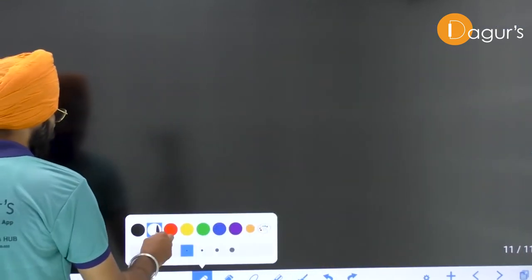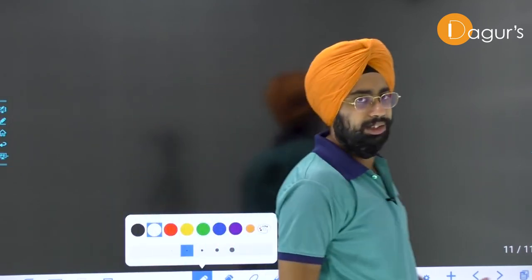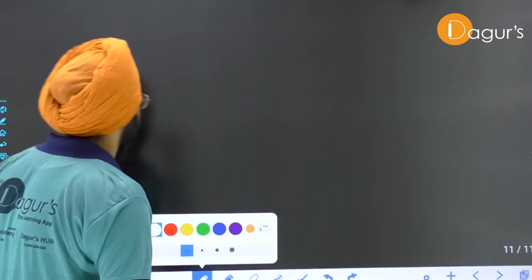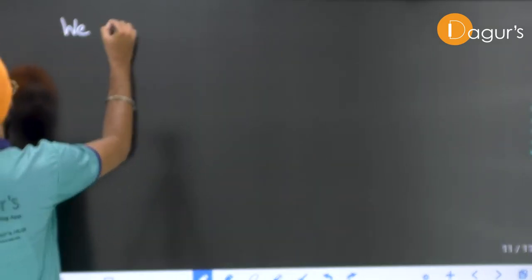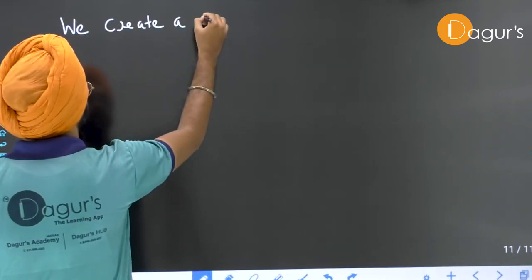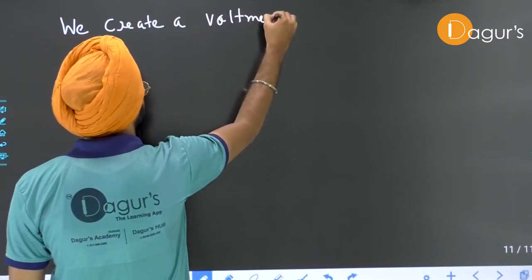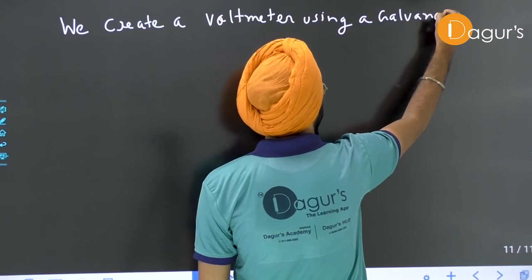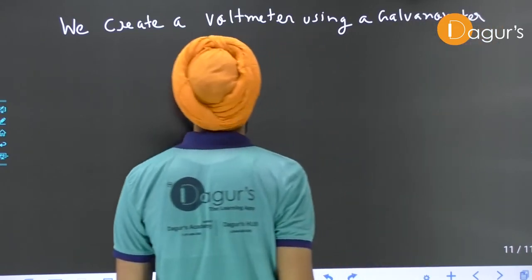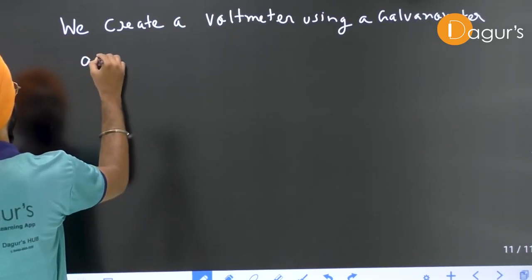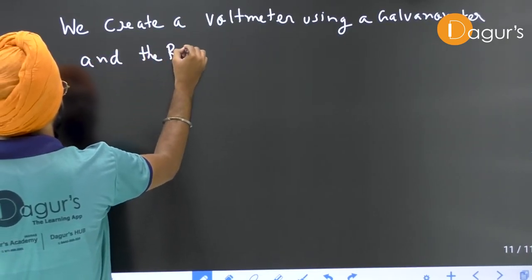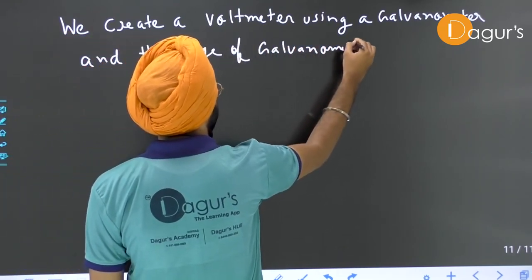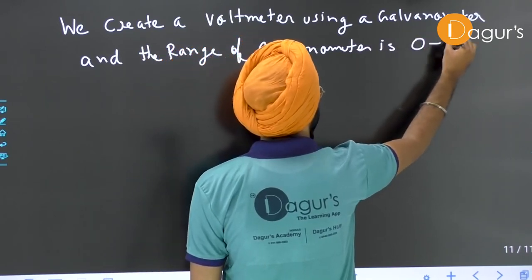Say that we create a voltmeter using a galvanometer, and the range of the voltmeter is 0 to 5 volt.